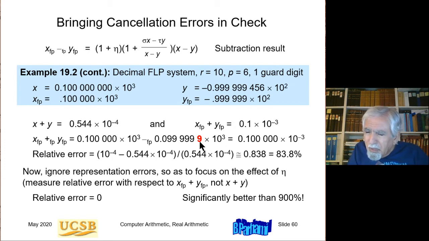Let me see. Okay, I believe there may be an error here.